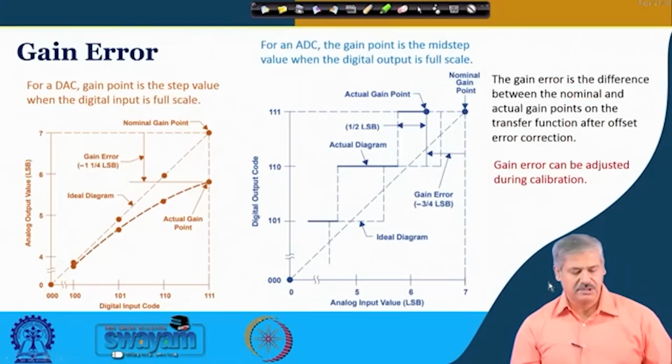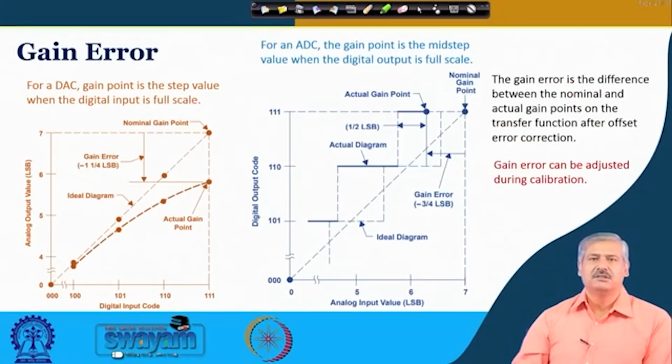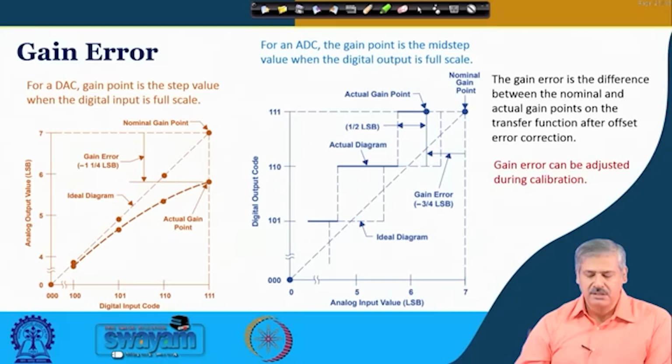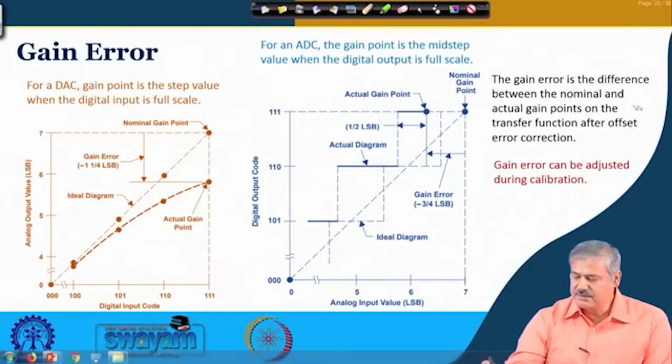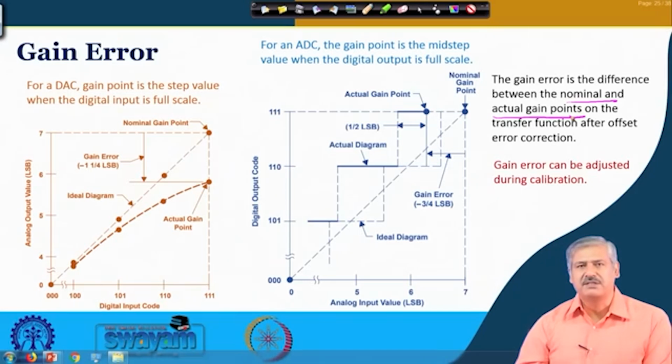Now next what we see is called gain error, right. So the gain error is the difference between the nominal and actual gain points on the transfer function after offset error correction. So after the offset error was there, we have corrected it by appropriate compensation, right, and then you are finding out the nominal and actual gain points.